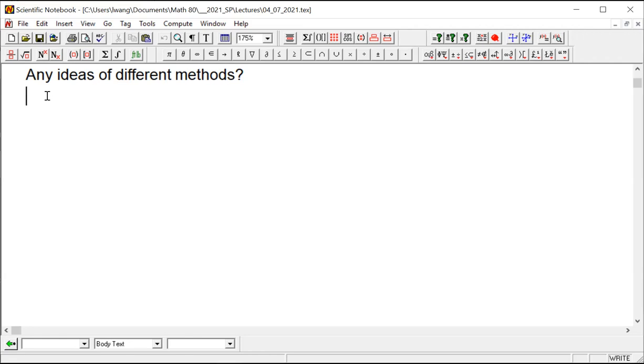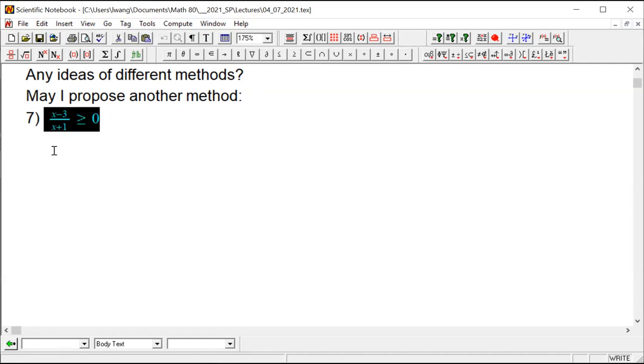Could I propose a method? May I propose another method? Okay, say for number 7. So here's what I'm going to propose. Greater than or equal to 0. Okay, this is the if statement.